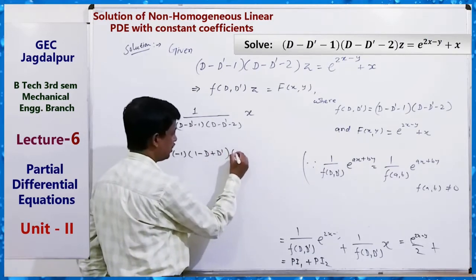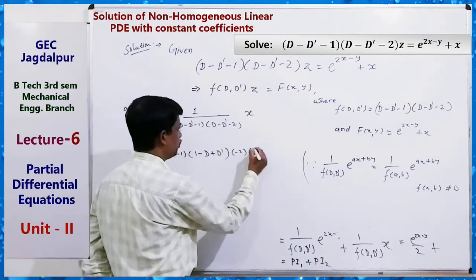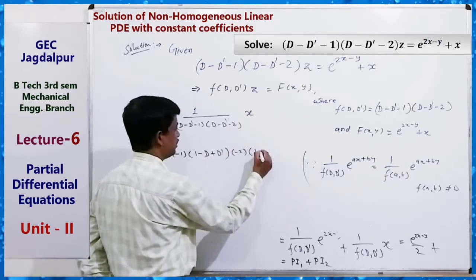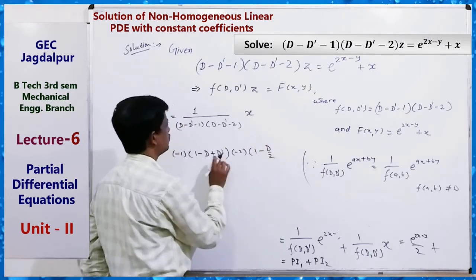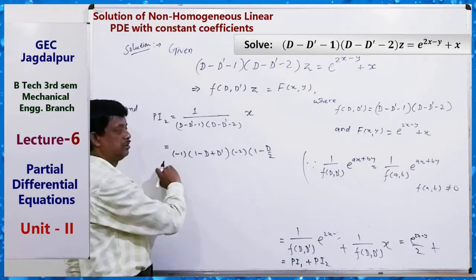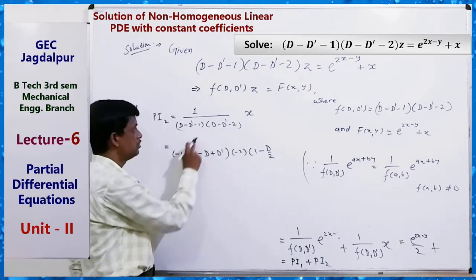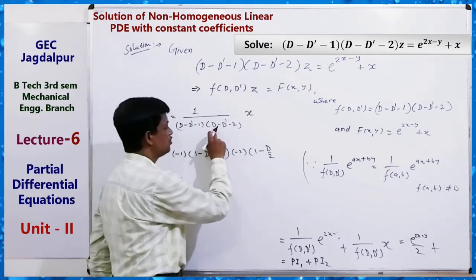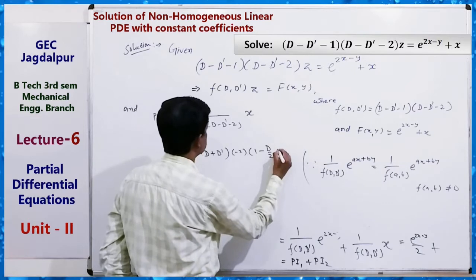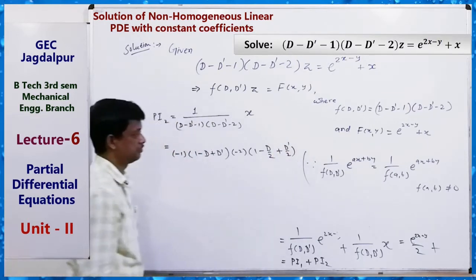Here minus 2 common, then 1 minus D by 2 plus D' by 2.